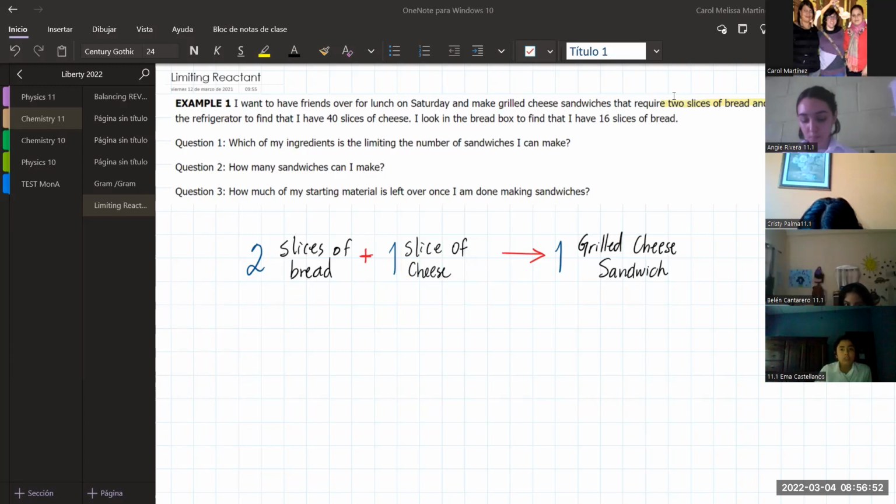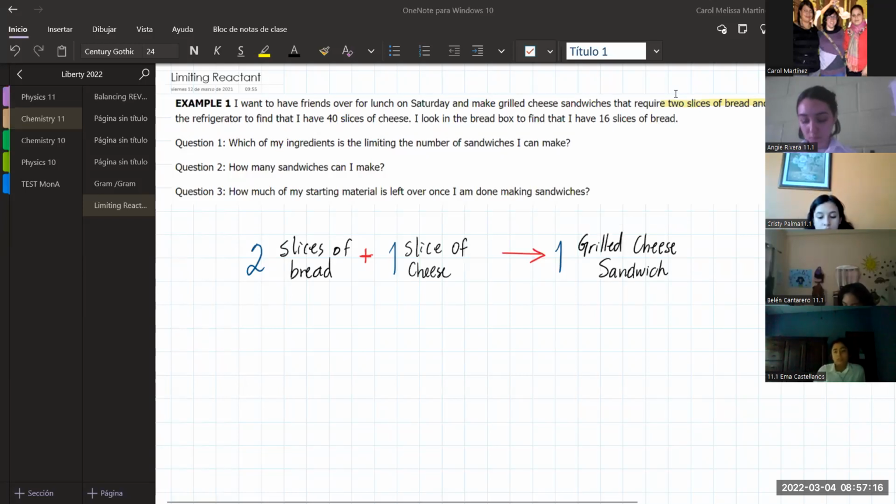So this is going to be my reaction. My reactants are my initial products, they're going to be reactants or reagents. Both words are correct. And my grilled cheese sandwich is going to be that product.